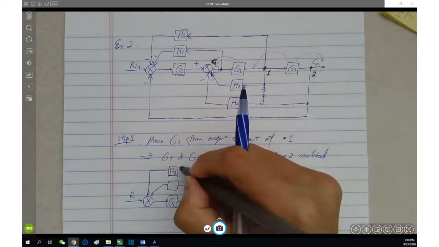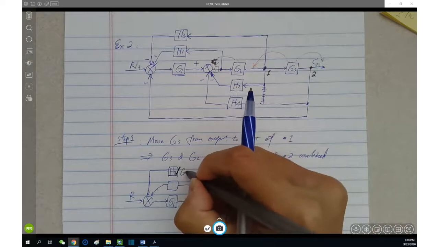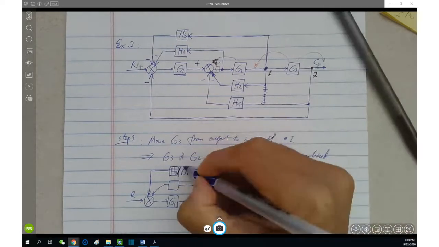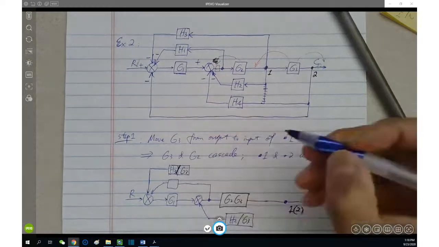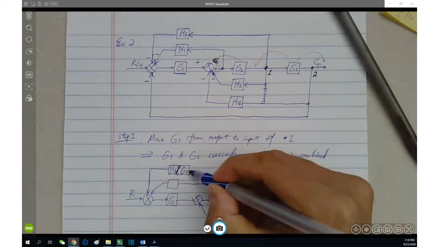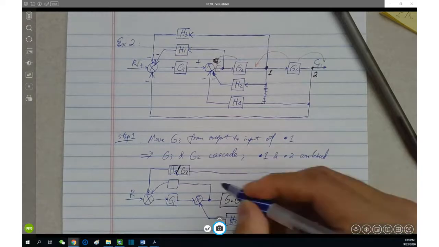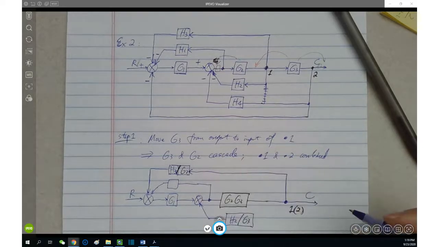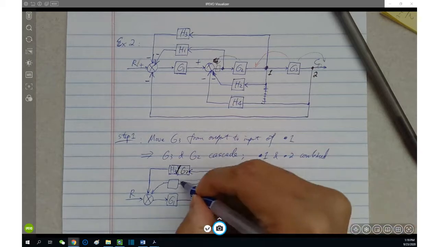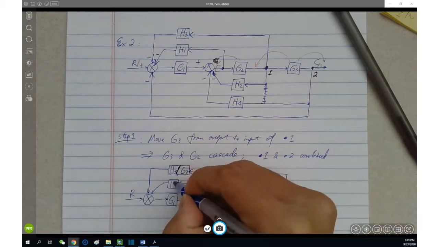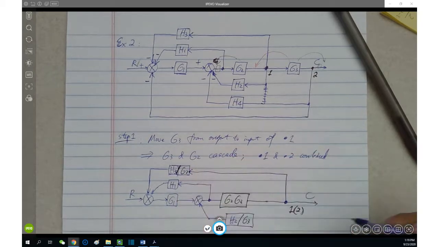Same thing for H3, divide by G3 as well. Be very careful, because once again, you moved the G3 over pickoff point number 1. That's why.